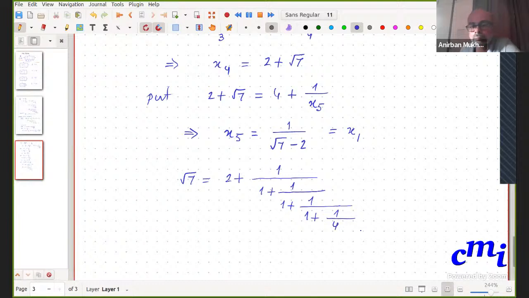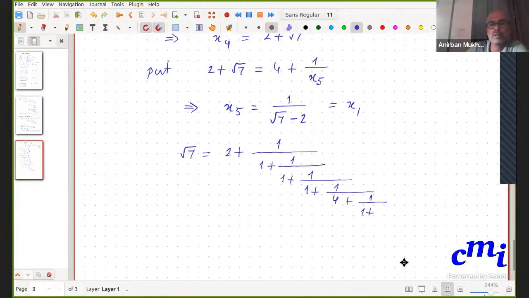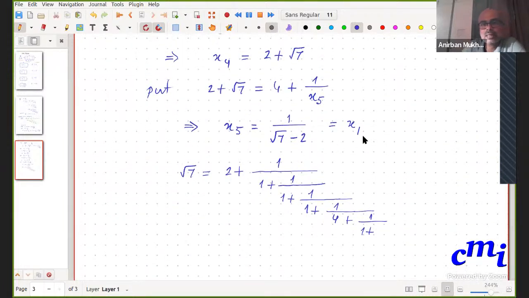So 1, 1, 1, 4. And then what happens? It starts repeating from here. Again it just repeats 1, 1, 1, 4. So it will keep repeating like this, three 1s and a 4, because x5 is exactly x1.